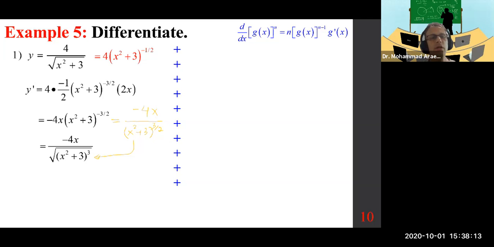Fractional exponent to a root function, so that shouldn't be any problem.